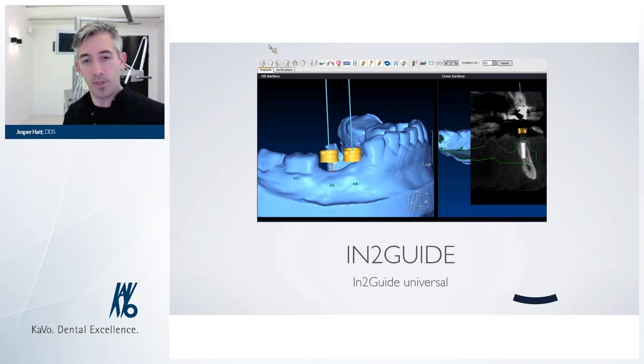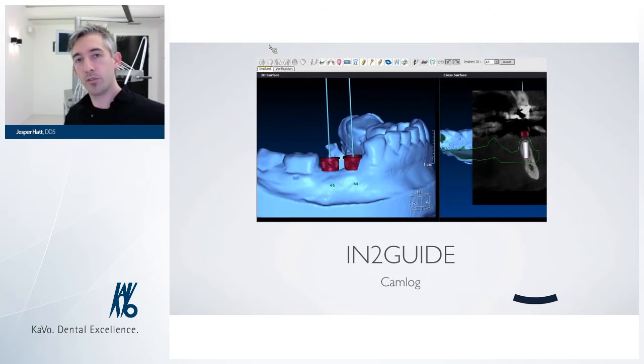But the interesting thing here is that if you, let's say, choose a CamLock implant and you want to use your CamLock drill kit, well, you get these drill guides with you. And here you see the big difference between the different systems, because by using these sleeves that are matching the CamLock system, the sleeves get a little bit closer to the implant surface.